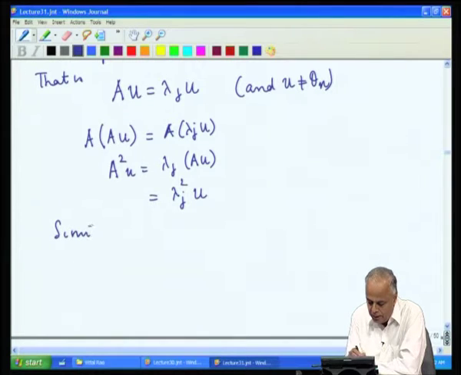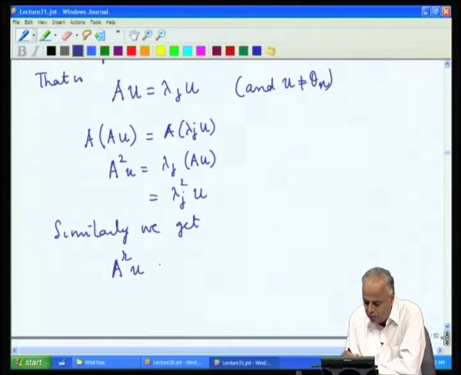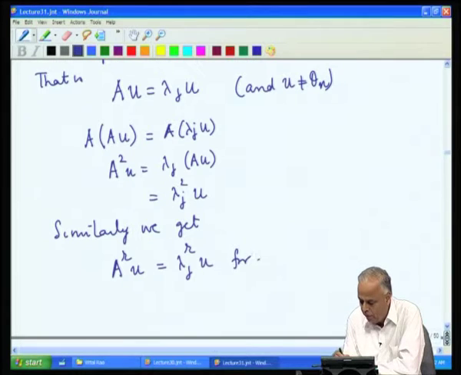So, lambda j squared. So, Au is lambda j u, A squared u is lambda j squared u, and similarly recursively we get for any power r, A power r u is lambda j power r u for every non-negative integer.